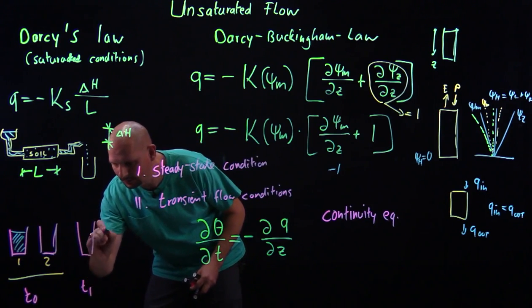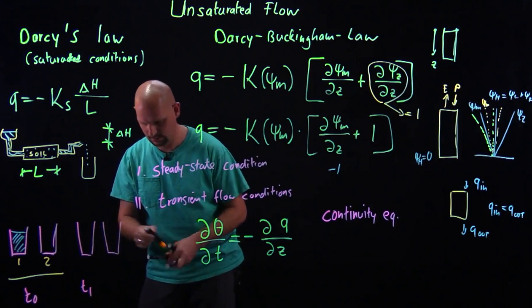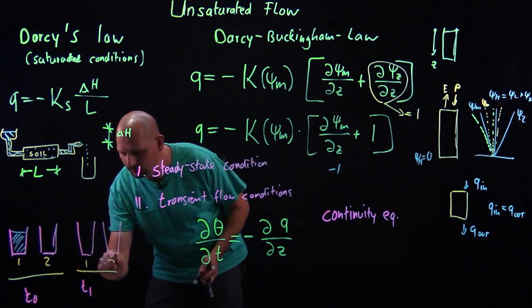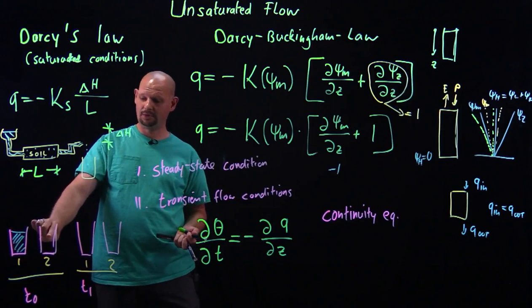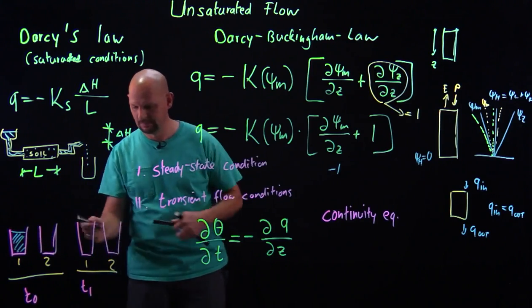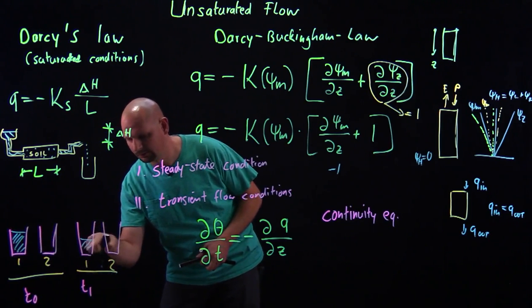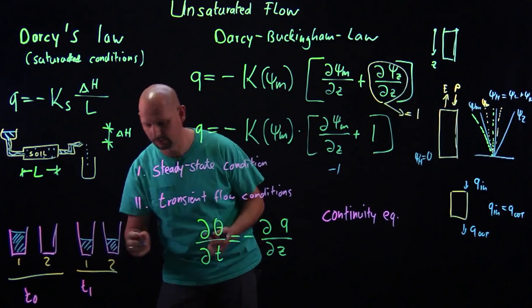Again, we have our two glasses, and if I now would take this glass and dump half of it into that glass, then at the time step t1 we would have a half full glass here and a half full glass there.